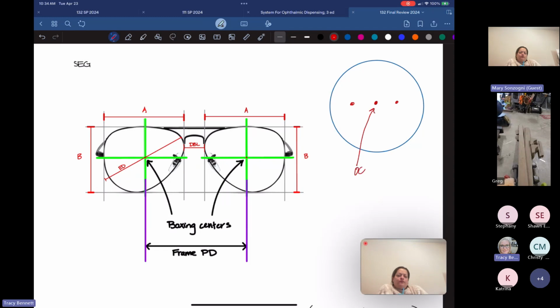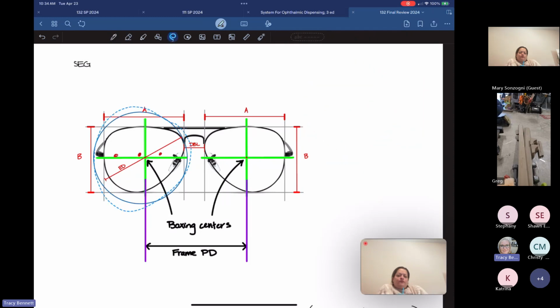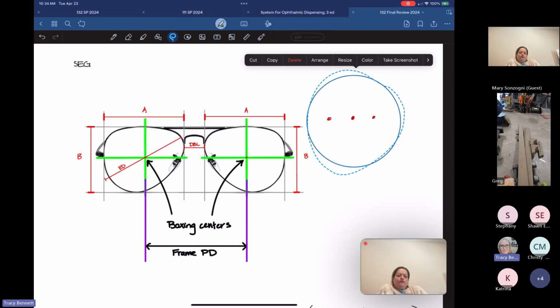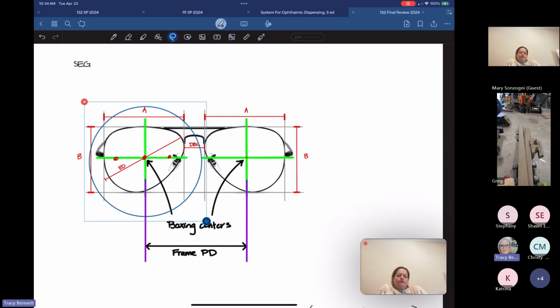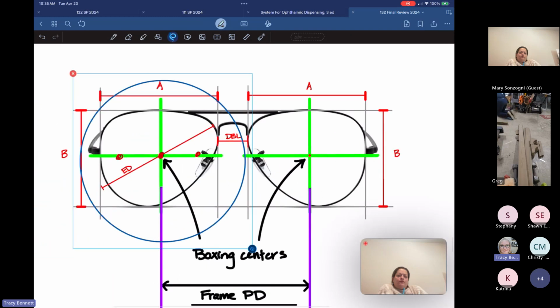Everybody following me on that? So we take this lens, and I hope it's big enough for the cutout. It's a ridiculous size lens, but you know what I'm talking about. If we don't do any decentration, the lens starts out right here and stays here.